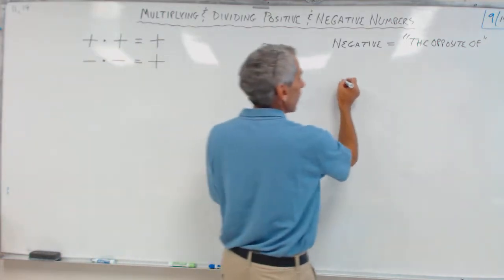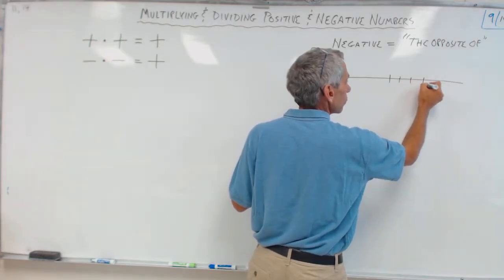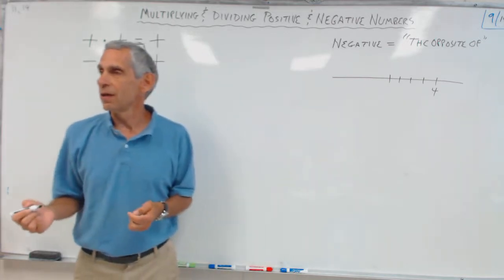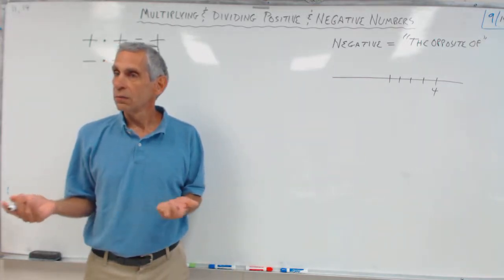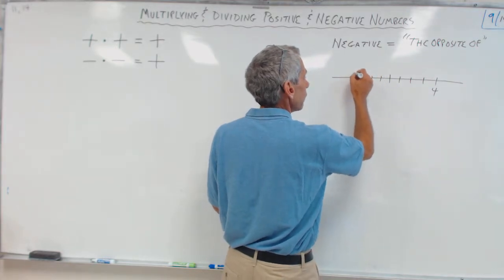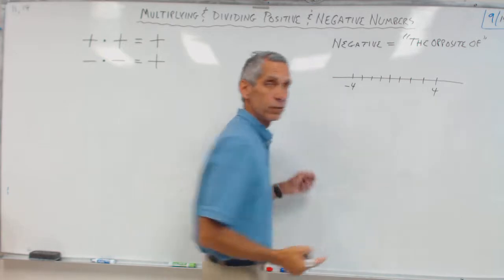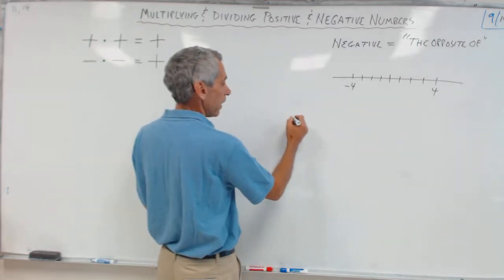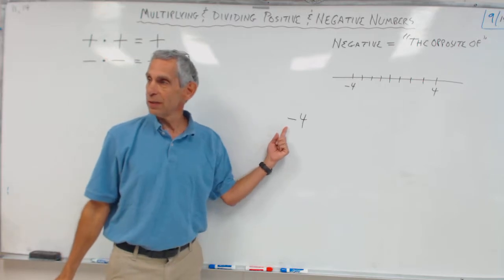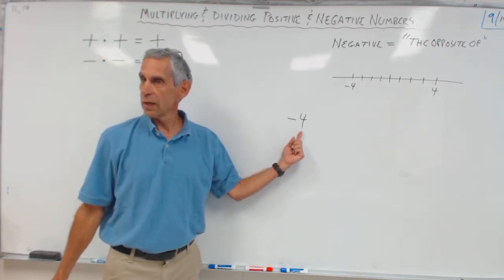So if you have a number line, and you have 0, and we've got 1, 2, 3, 4. This is 4. What is the opposite of 4? Negative 4, right? So negative 1, 2, 3, 4. Negative 4 is the opposite of 4. So think about it. If I wrote negative 4, I'm saying the opposite of 4. Does that make sense? Yeah.